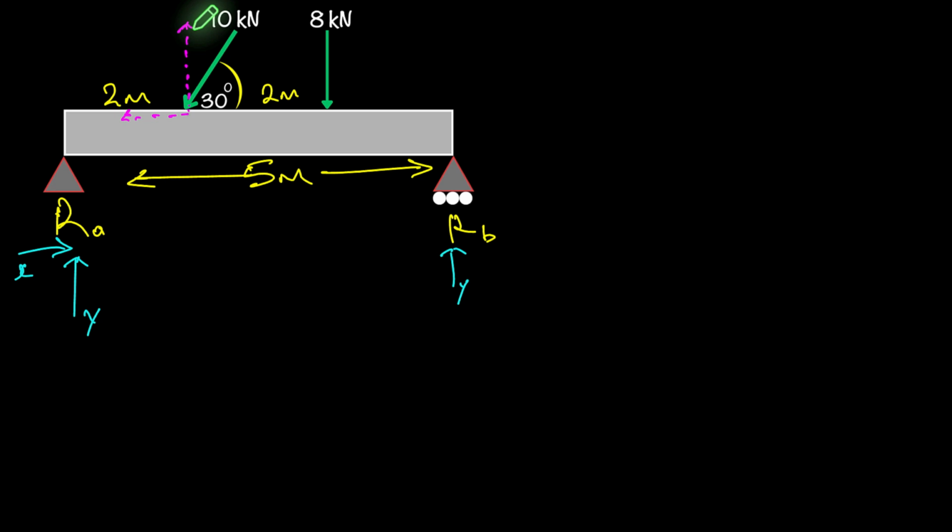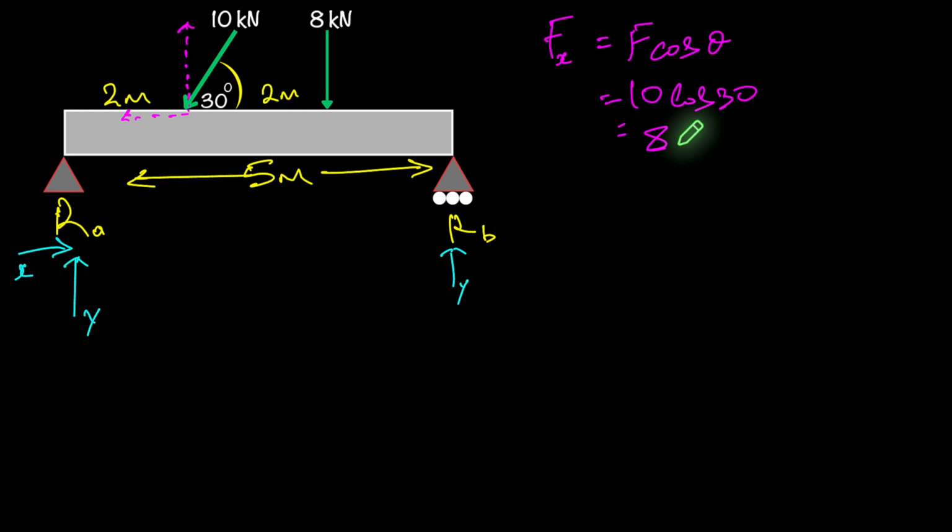As usual, you would have seen this formula before. For the horizontal component, Fx, it's going to be the force times cos the angle. So we have a force of 10 and cos the angle is 30 degrees. So this leaves us with 8.66 kilonewtons for that part.